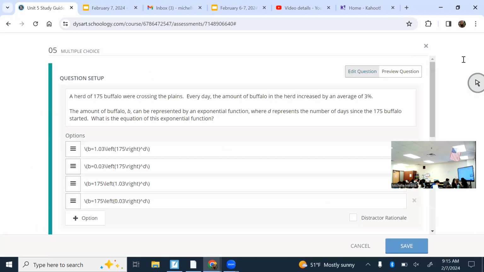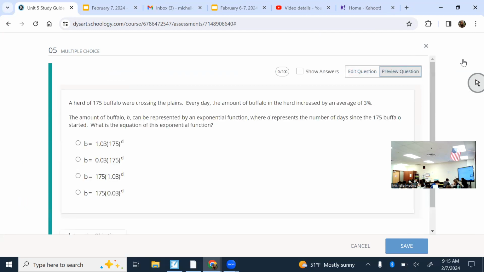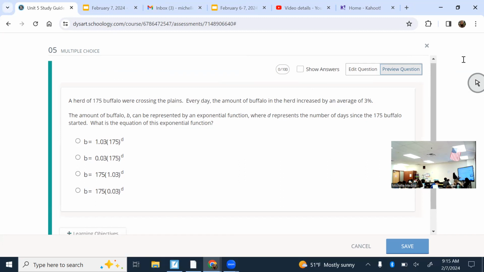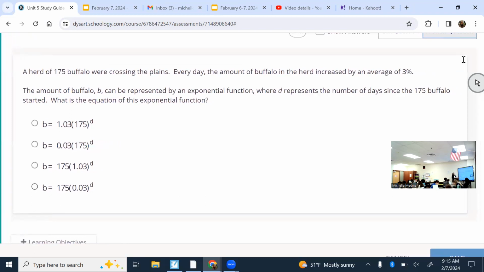All right. So number 5, a herd of 175 buffalo were crossing the plains. Every day, the amount of buffalo in the herd increased by an average of 3%. The amount of buffalo B can be represented by an exponential function where D represents the number of days since the buffalo started. Which equation represents this situation?